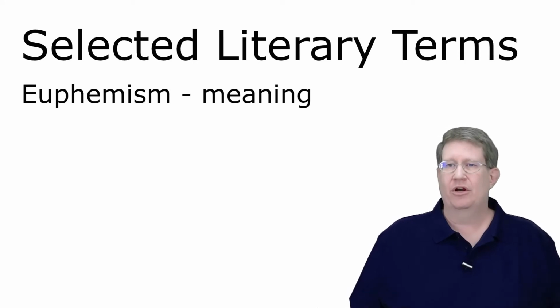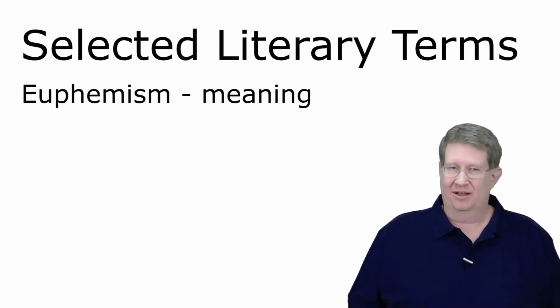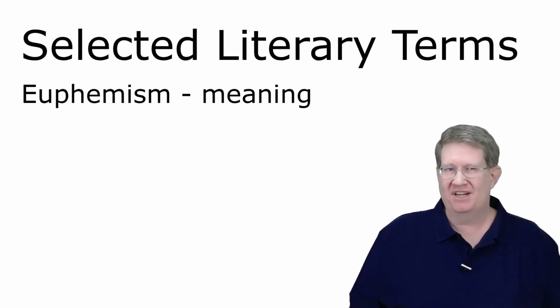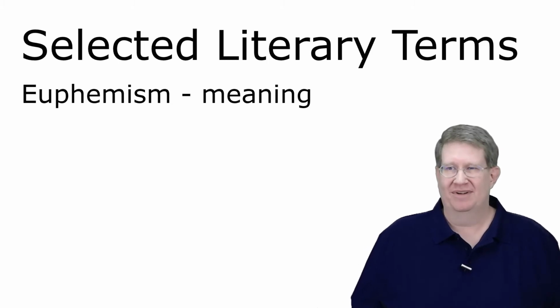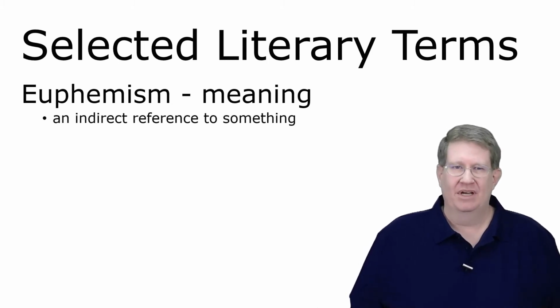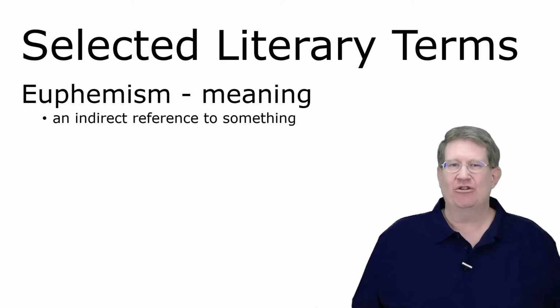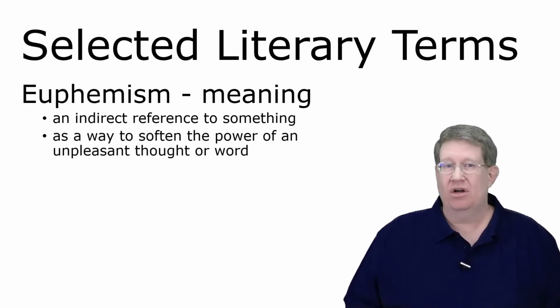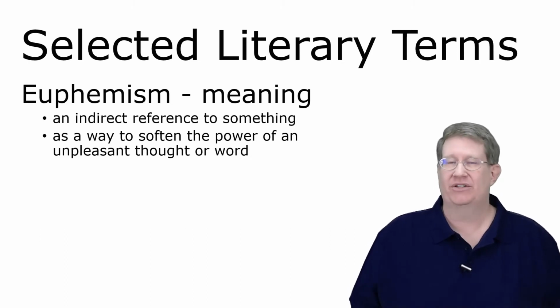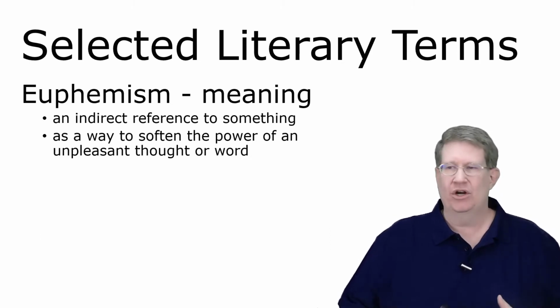The next literary term that we're going to look at looks a little bit funny. Before I say it, can you kind of say in your head what you think that's going to sound like? Euphemism. A euphemism is an indirect reference to something. It's a way to soften the power of an unpleasant thought or an unpleasant word. There are things that we don't like talking about.